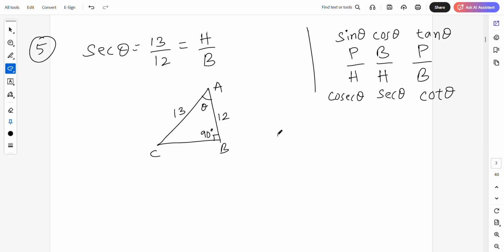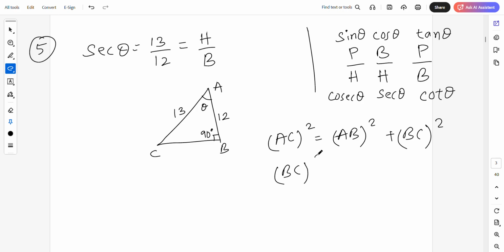How to calculate BC? By using Pythagoras theorem. AC whole square is equal to AB whole square plus BC whole square. Now write BC whole square is equal to AC whole square minus AB whole square.